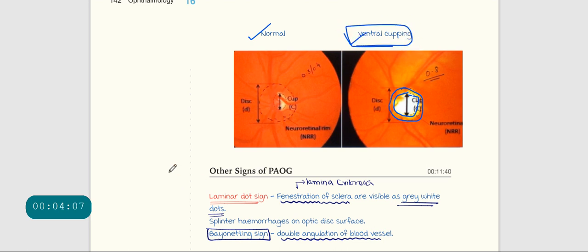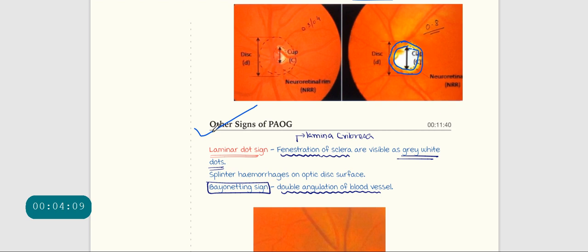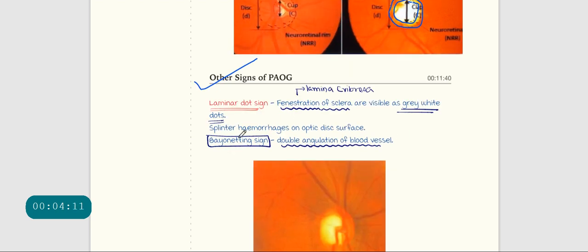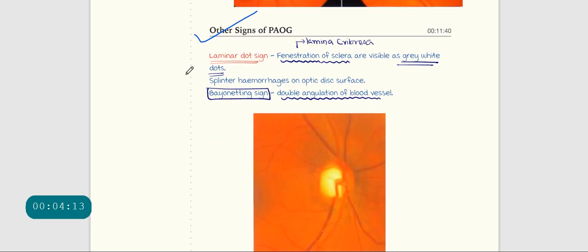Now what are the other signs of primary open angle glaucoma? This includes the laminar dot sign. Okay, so you can see the laminar dot sign over here, and that is the fenestrations of the sclera, and these are visible grayish white dots.